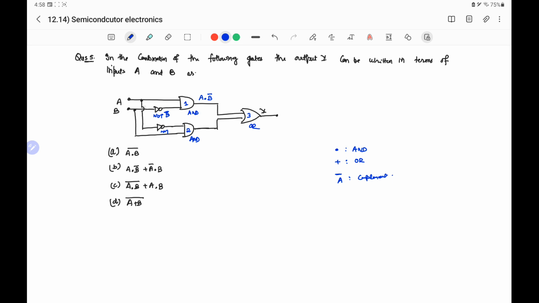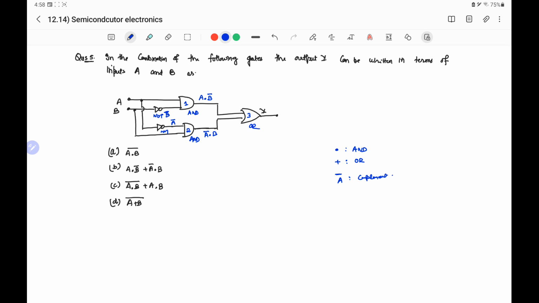Similarly, when A is applied to the NOT gate, its output will be complement of A, and for AND gate 2, the two inputs are complement of A and B, so we will have complement of A and B. This is the output of the second AND gate.